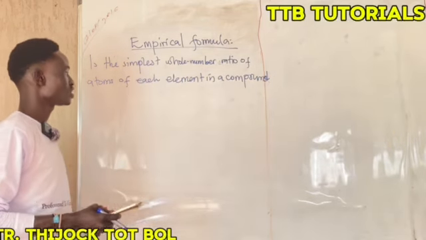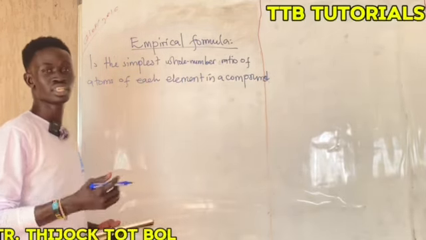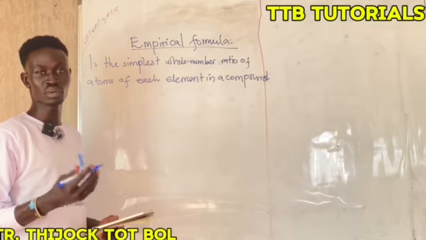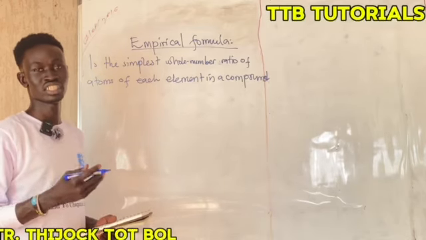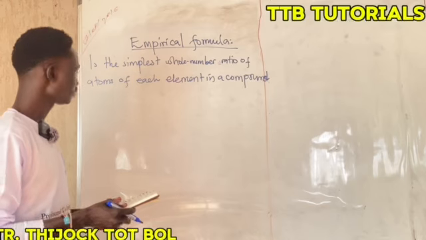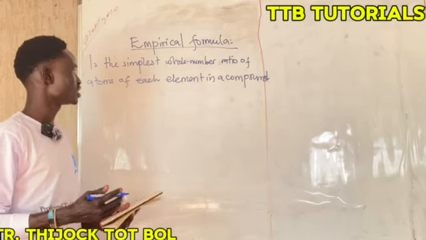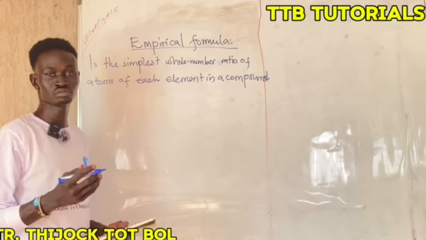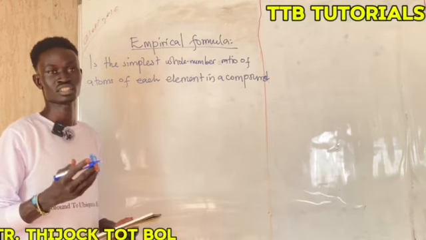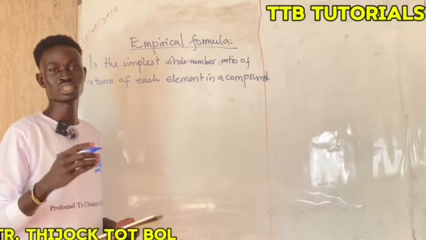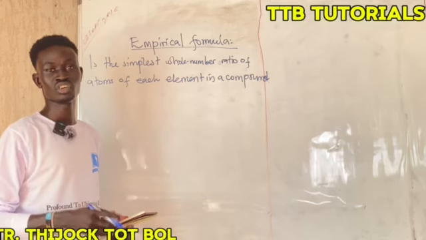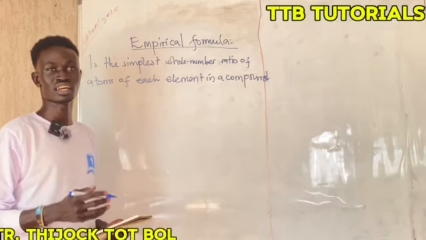So in this, we are going to see how we can get the empirical formula for different elements in compounds. There are things that we consider while calculating empirical formula. First of all, when you are given mass, you first change it to moles. You get the moles of different elements.